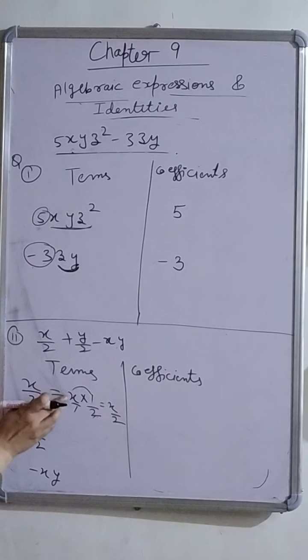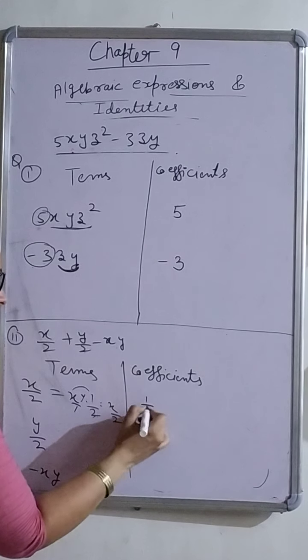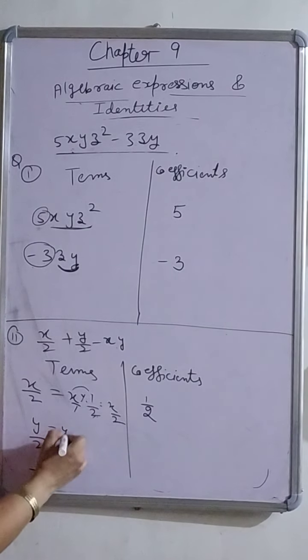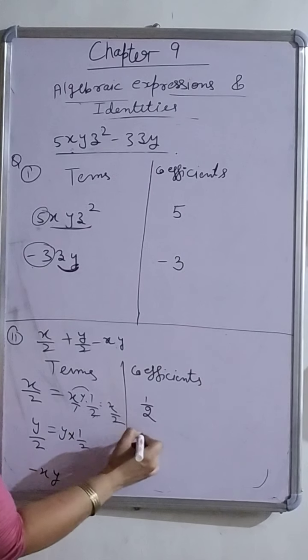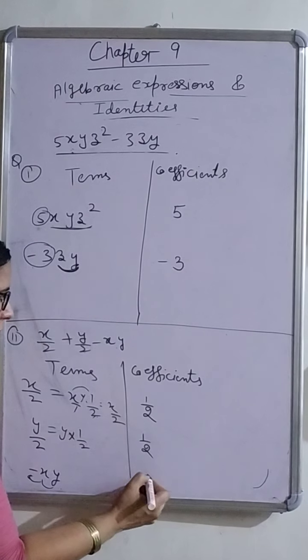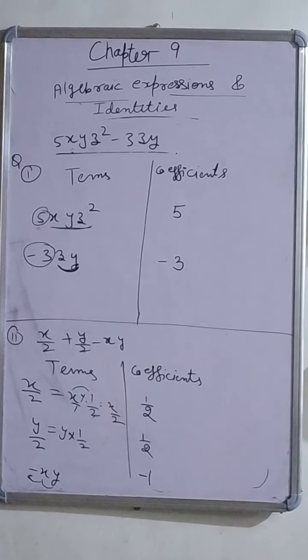So what is multiplied with x is 1 by 2. So what is the coefficient of x by 2? 1 by 2. Next is y by 2. Same, y is multiplied with 1 by 2. So the coefficient is 1 by 2. Next xy. The variable is xy, and what is multiplied with xy? Minus 1. So the coefficient of xy is minus 1. Clear?